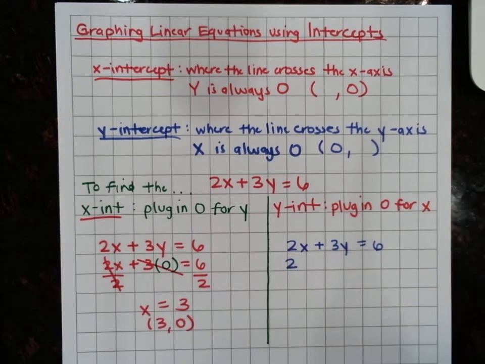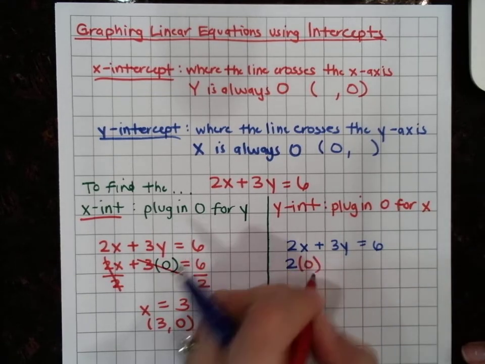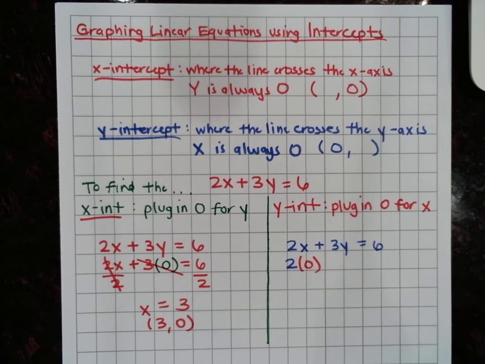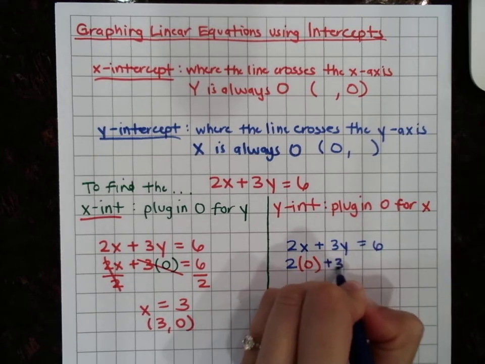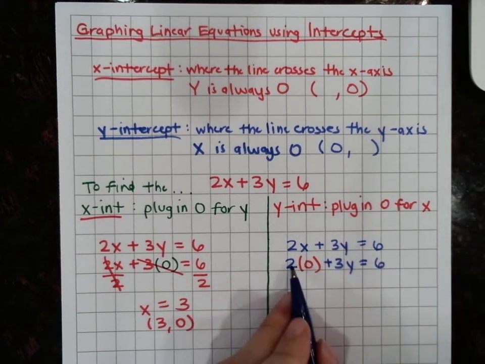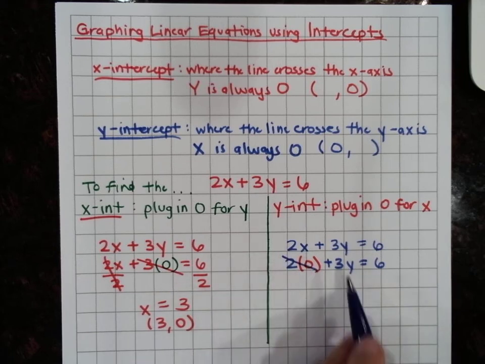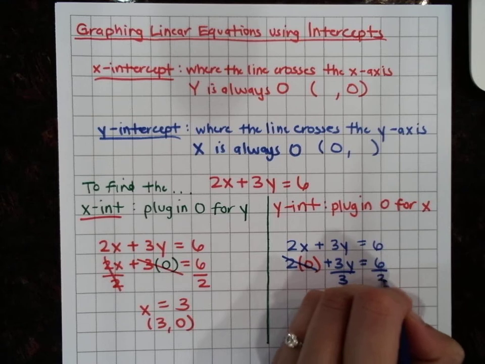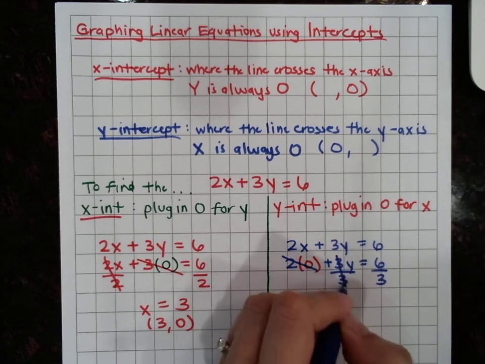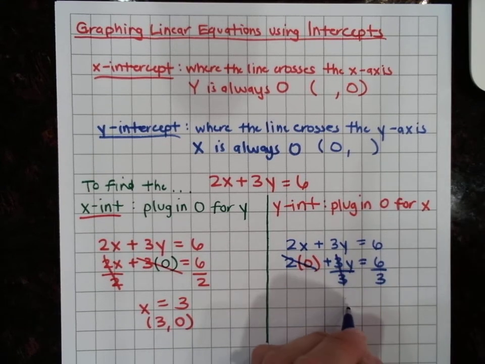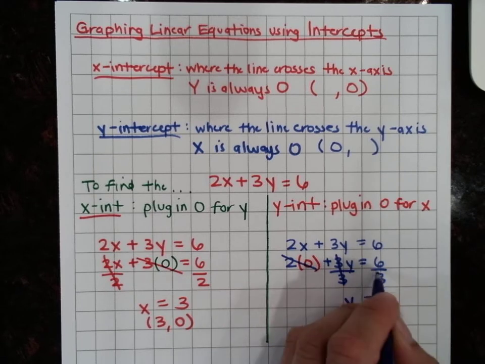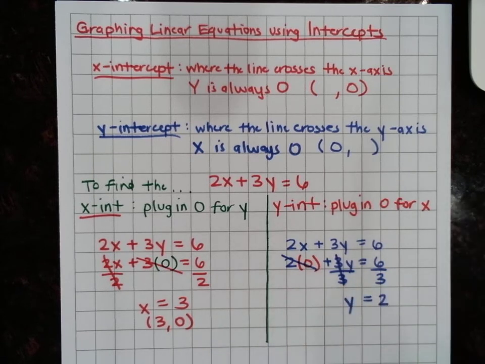So 2, but we know that x is 0 since it's the y-intercept, plus 3y equals 6. 2 times 0 we know is 0, so it's just 3y equals 6. We divide both sides by 3 because we're solving for y, and y equals 6 divided by 3, which is 2.